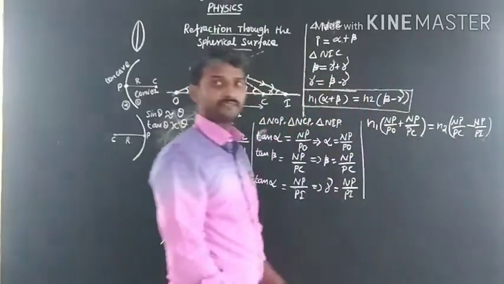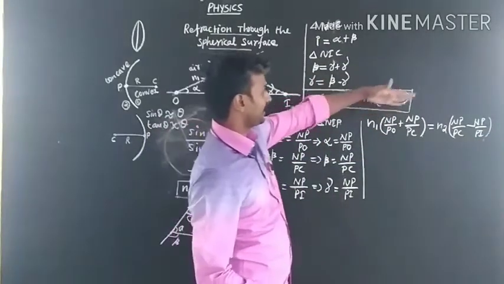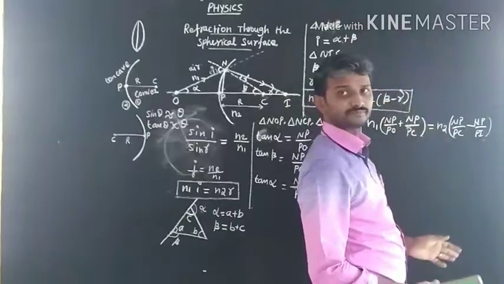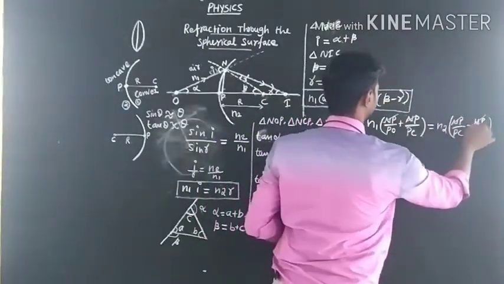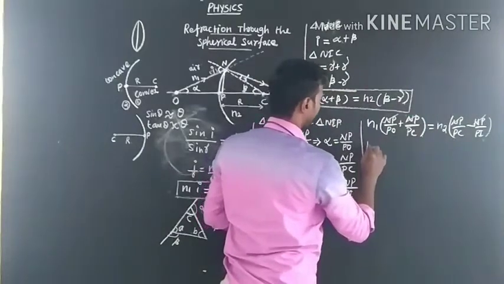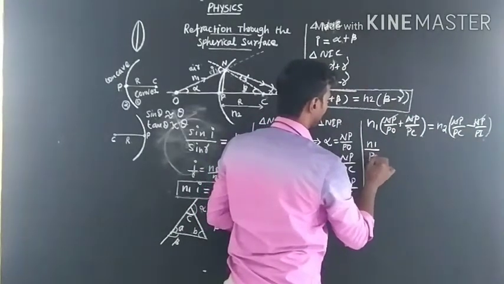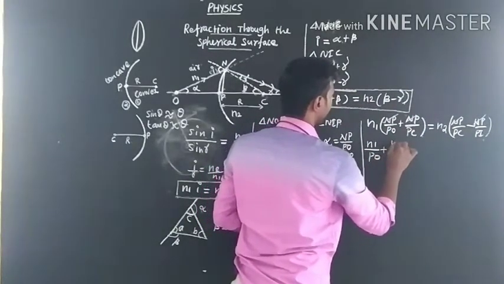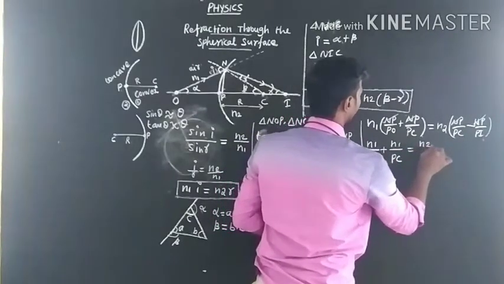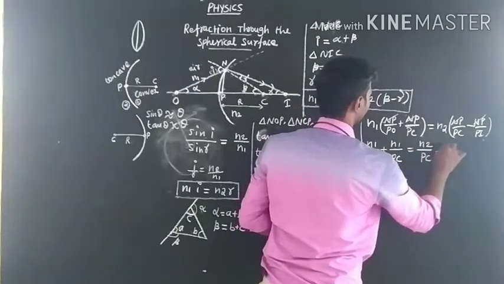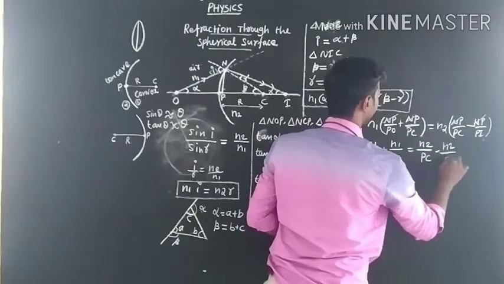In this equation, the numerators are NP, NP, NP, NP, so NP cancels on both sides. We get the relation n1 by PO plus n1 by PC equals n2 by PC minus n2 by PI.